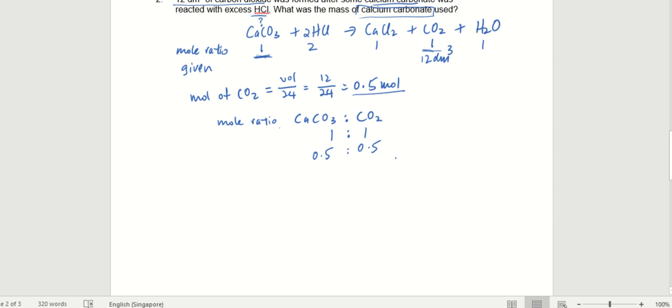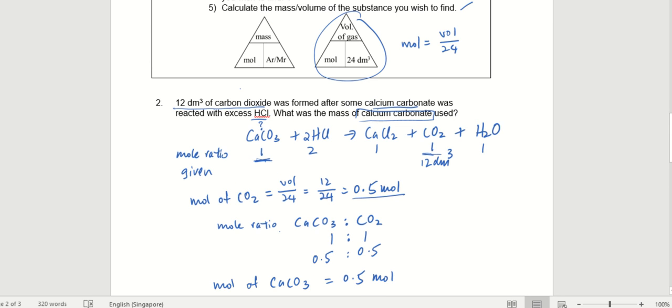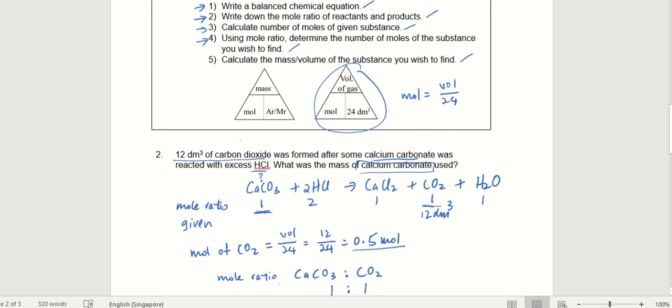Okay, so we know that the moles of calcium carbonate that reacted was 0.5 mole.